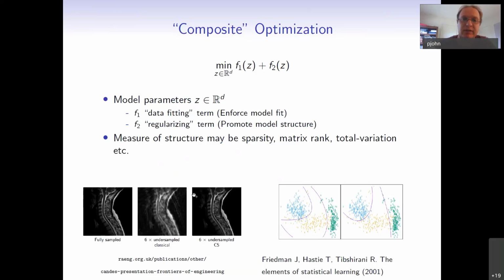Machine learning type problems end up having a similar flavor of optimization, even though the goal might be slightly different in those two applications. In one you're recovering an object from measurements, and in the other you're doing something like fitting a model to a data set, and the regularizer might play a different role, but the optimization ends up being fairly similar.